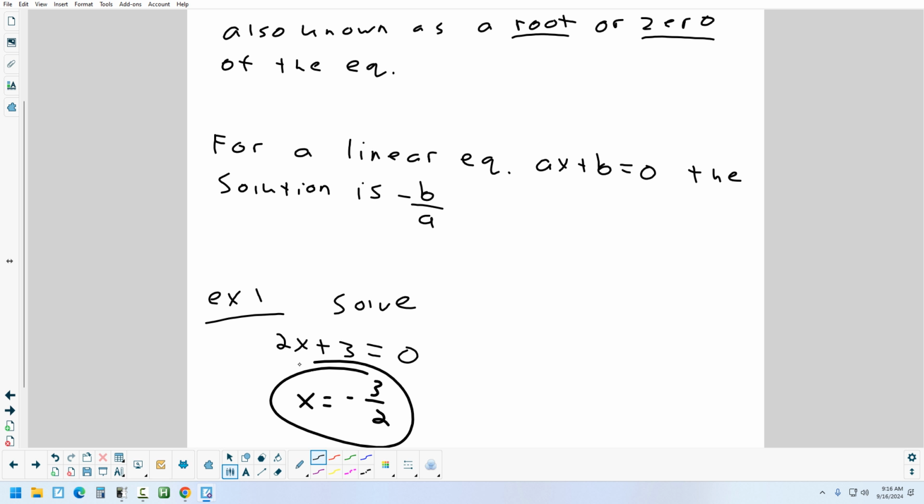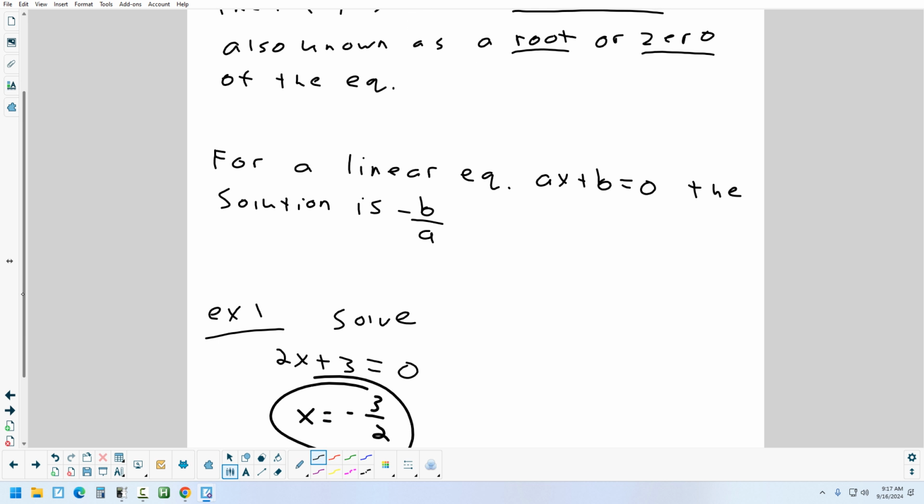How many times will it cross the x-axis? Just once. A linear equation has a highest exponent of 1 on the variable. Normally we don't write the 1. But since it has an exponent of 1, that's the maximum number of times it can cross. And any line that's not horizontal always crosses once.